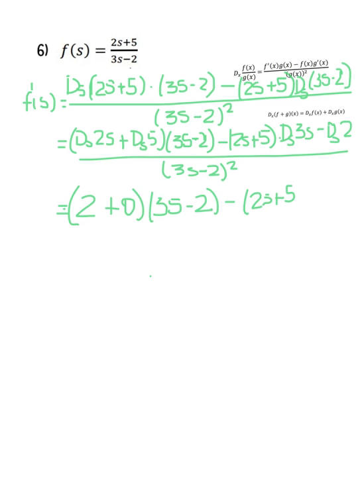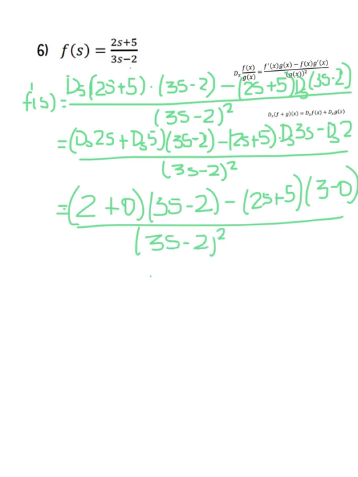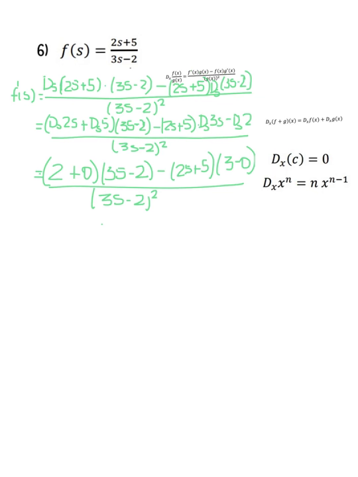Minus 2s plus 5 times the derivative of 3s, which is 3, minus the derivative of 2, which is 0, over 3s minus 2 squared. On this step, I use two rules: the derivative of a constant and the power rule, the derivative of a power.